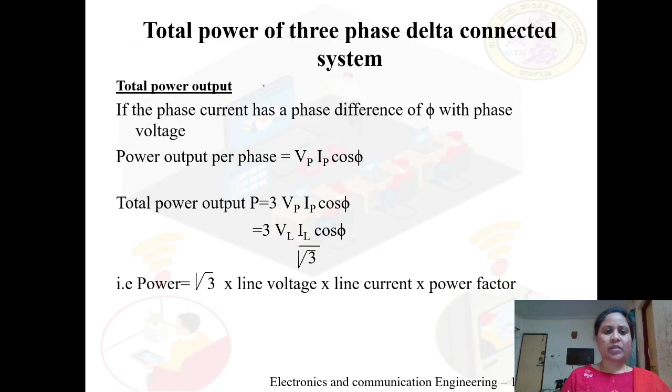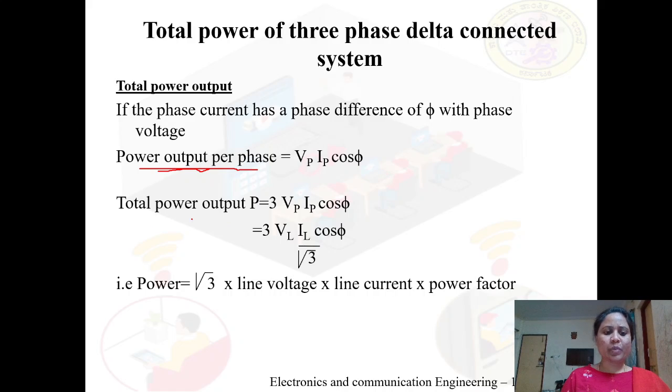Now let us calculate the power for the delta connected load. If the phase current has a phase difference of phi with the phase voltage, then we can write the power output from each phase as Vp Ip cos phi.